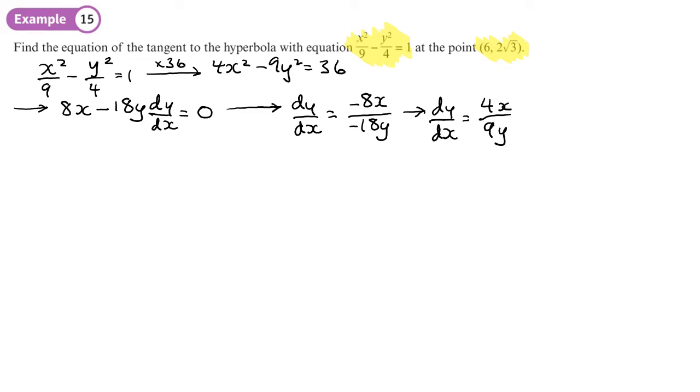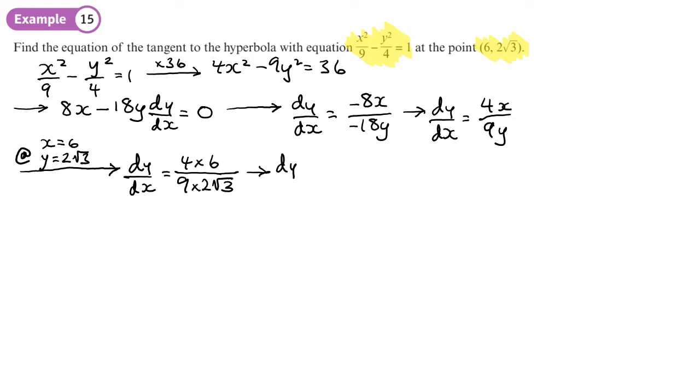So now we'll put in the coordinates. At x equals 6, y equals 2 root 3, we'll just substitute that in. That will give us dy/dx equals 4 times 6 over 9 times 2 root 3. So let's just do that now on my calculator.